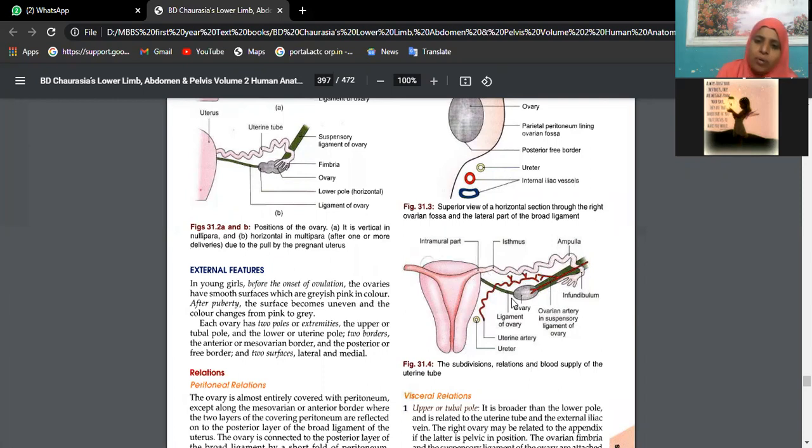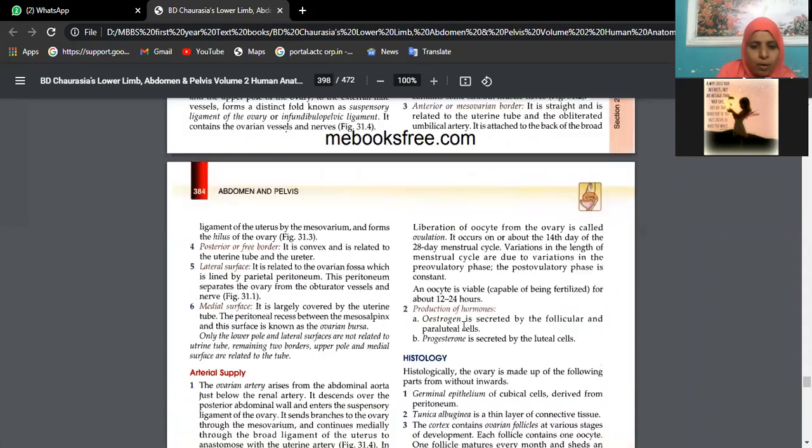The fold of peritoneum of the ovary is meso-ovarium. That means meso is a prefix added to represent the peritoneal covering of any visceral organ: mesometrium for uterus, mesosalpinx for fallopian tube, meso-ovarium for ovary. Hope that is clear, beta.